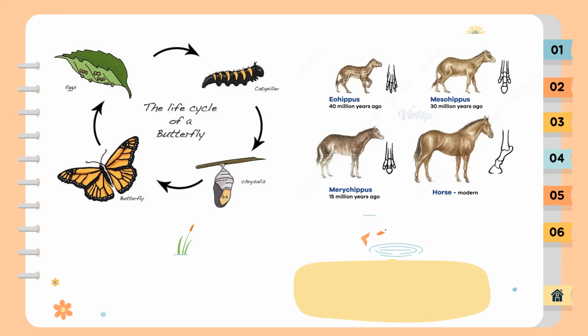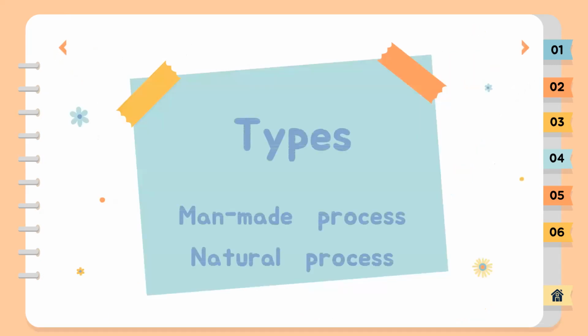Anybody volunteer? I guess that is a natural process. Oh yes, wonderful. It is the natural process. And so to conclude, there are two main types: the man-made and natural.